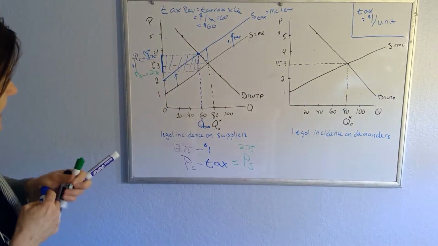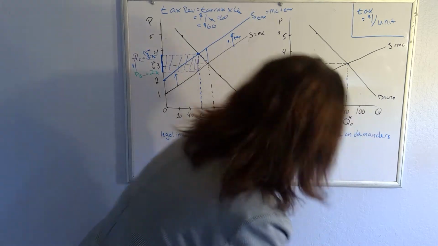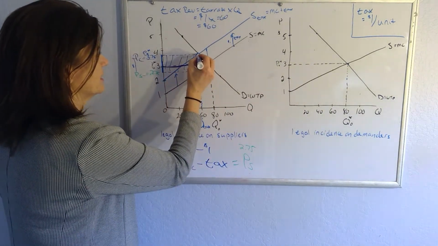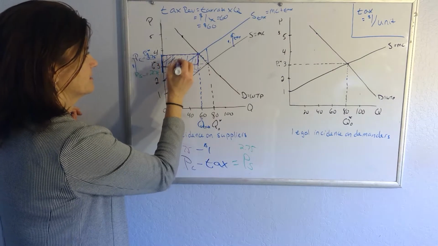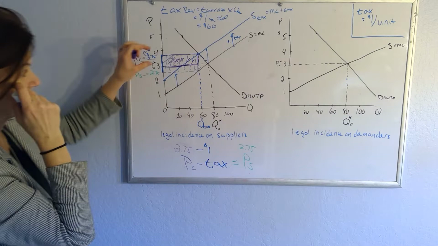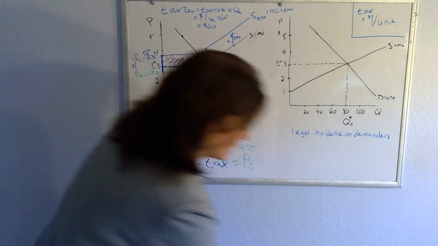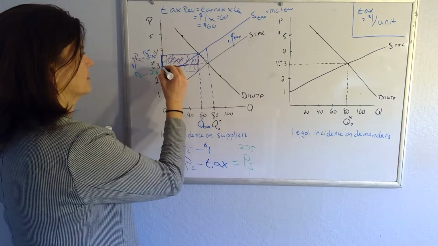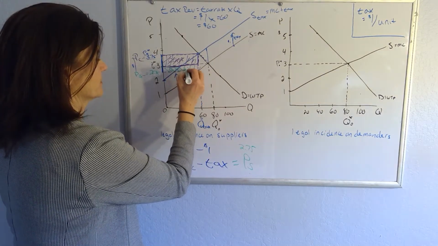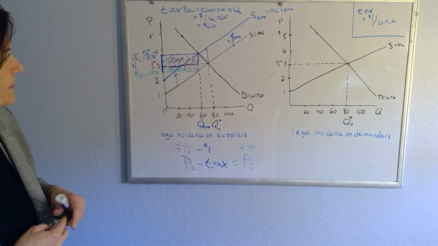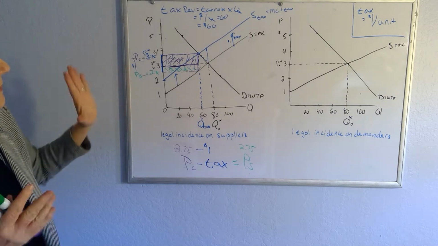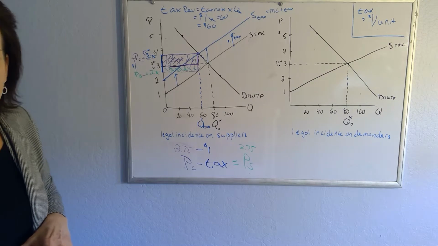But of that $60 tax, 3/4 of it is being paid by consumers because they're paying 75 cents more, and only 25 cents on the dollar is being paid by producers. That's the basics of where the tax revenue comes from.